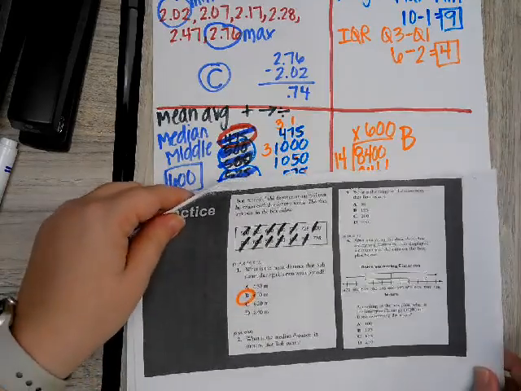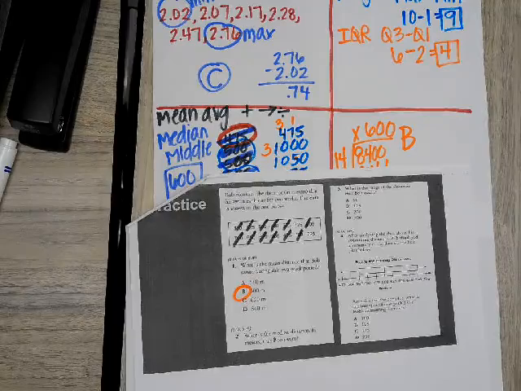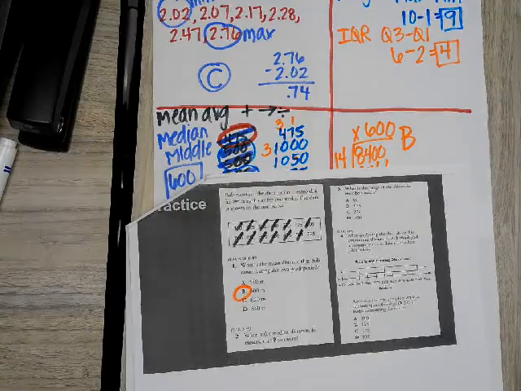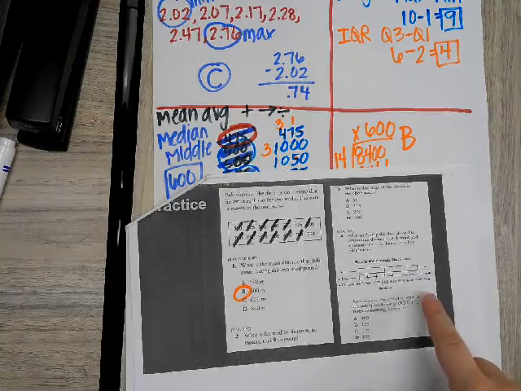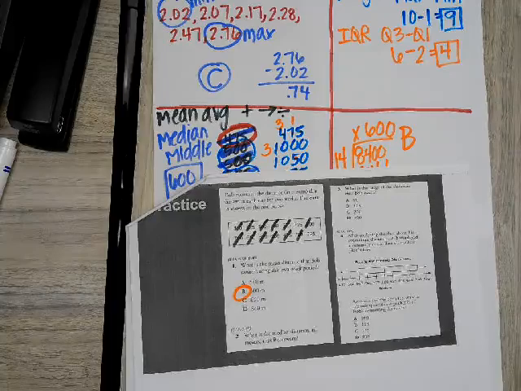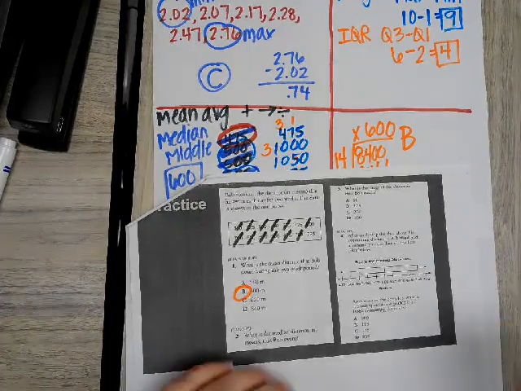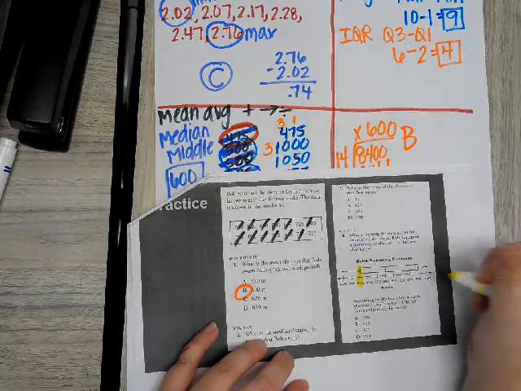For my next one, it says after analyzing the data, Bob displayed the box plot. They want to know the interquartile range. So remember, interquartile range is my Q3 minus my Q1.